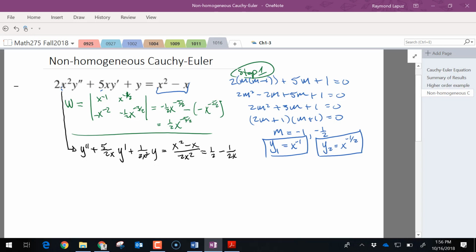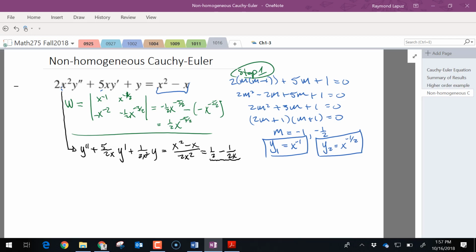Say that again. It is, but we're not doing the undetermined coefficients, so it doesn't matter.